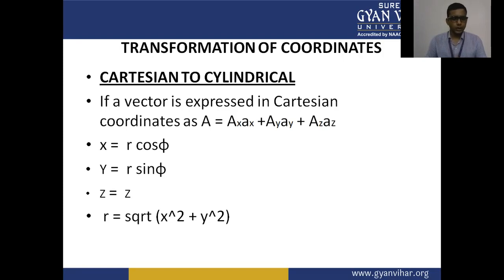In the cylindrical coordinate system, r is represented in terms of Cartesian coordinates as r equal to the square root of x square plus y square.